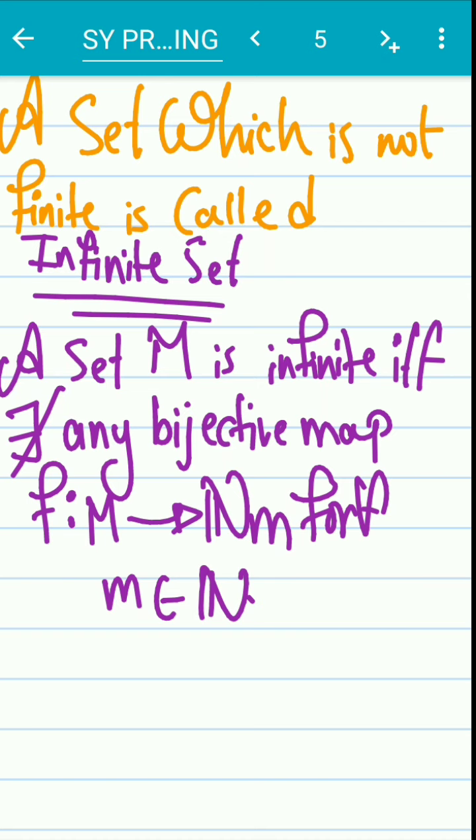It means an infinite set cannot have any kind of bijection with the set of first m natural numbers, and this is true for all m inside N, correct?